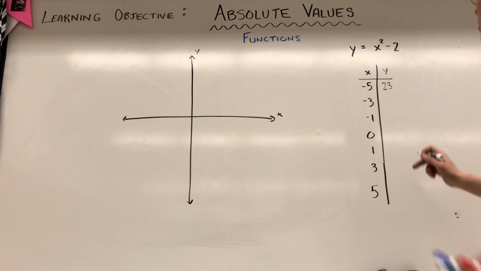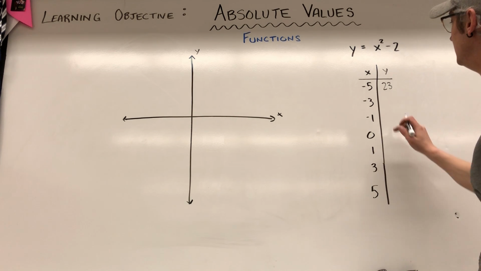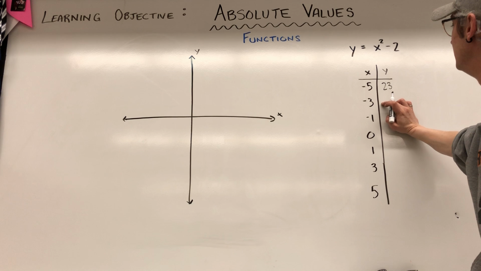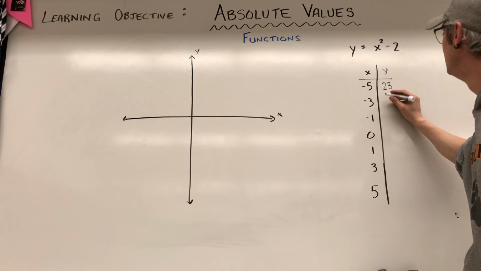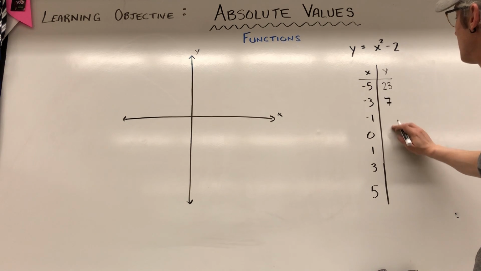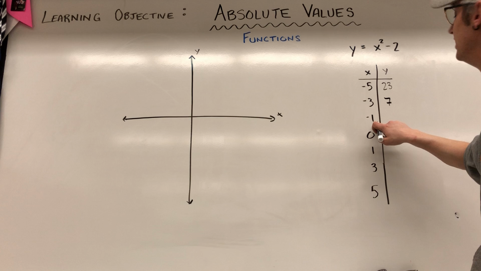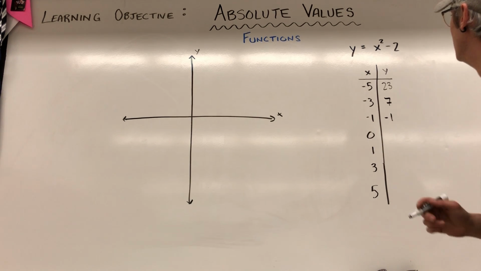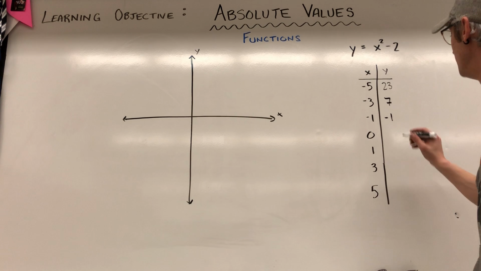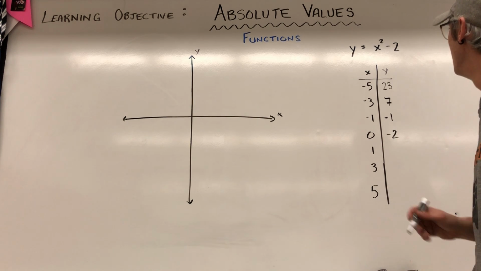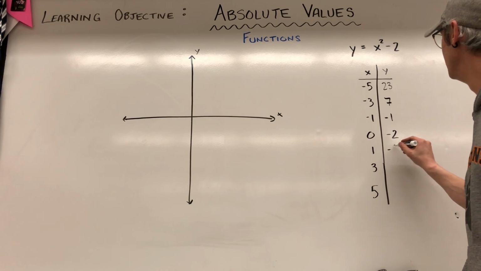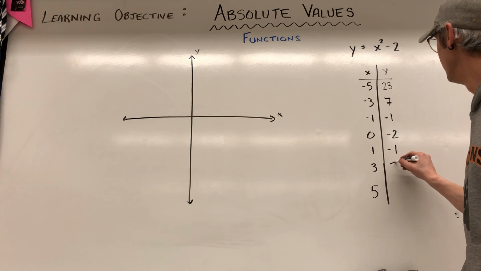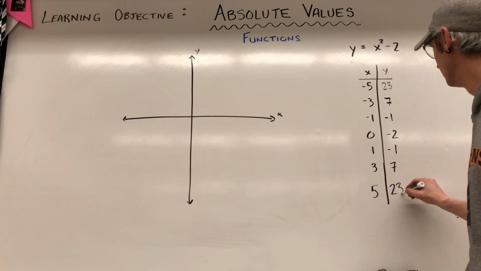What is negative 3 squared? It's 9 minus 2 is 7. What's negative 1 squared? It's 1. Minus 2 is negative 1. 0 squared is 0 minus 2 is negative 2. 1 squared is 1 minus 2 is negative 1. And then everything else will mirror itself.